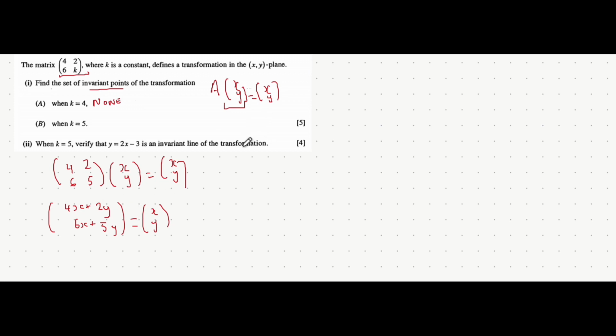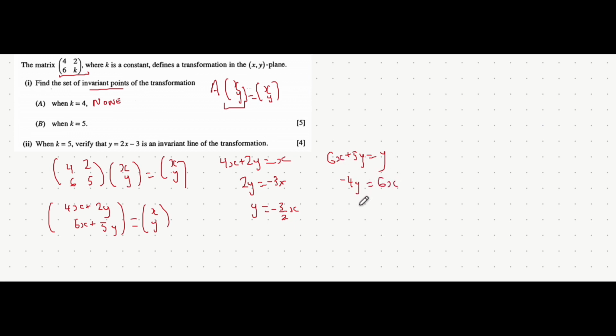Matching up the tops and the bottoms again, we get 4x plus 2y is equal to x, and 6x plus 5y is equal to y. Again, we're going to rearrange for y. We subtract 4x from both sides, so we get 2y is equal to minus 3x, and divide both sides by 2 to get y is equal to minus 3 over 2 x. Applying the same idea here, we subtract 5y from both sides, so we get minus 4y, because y take away 5y is minus 4y, equals 6x.